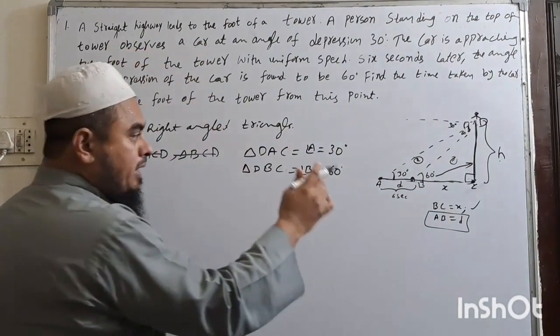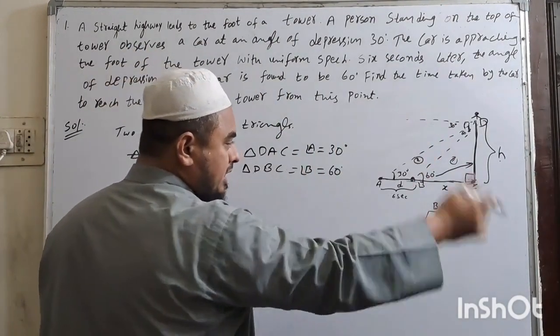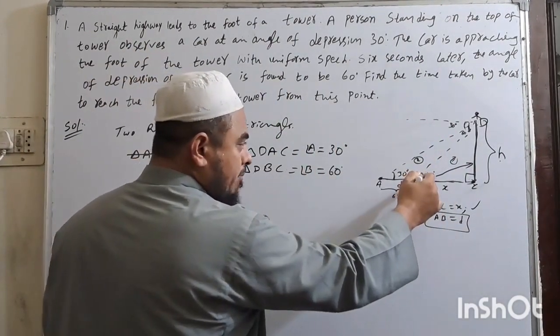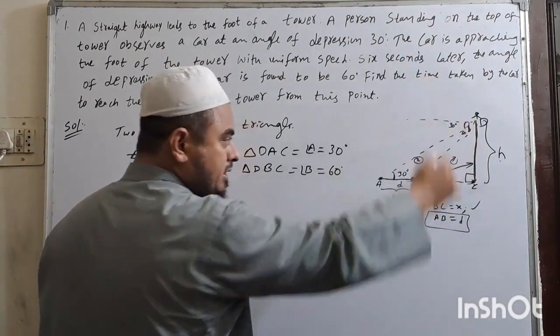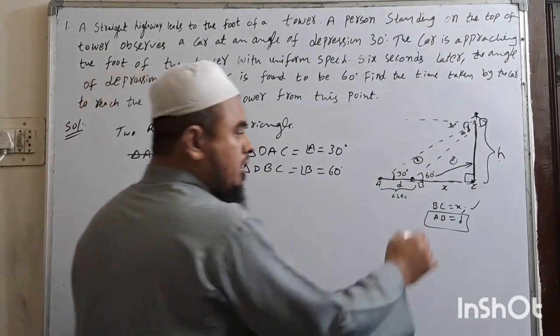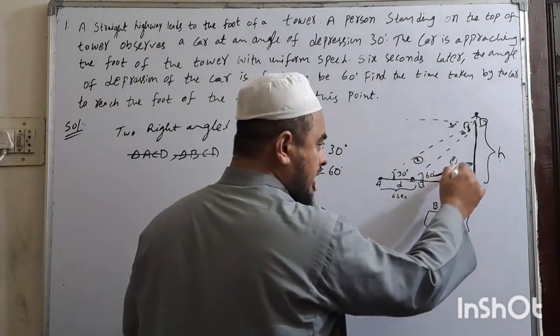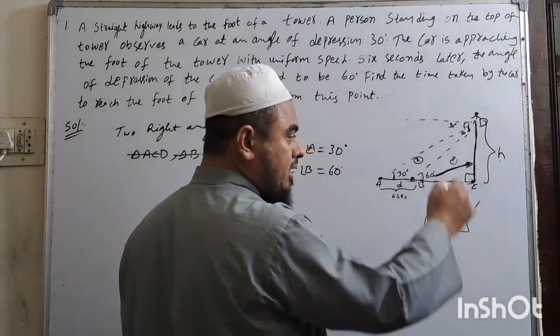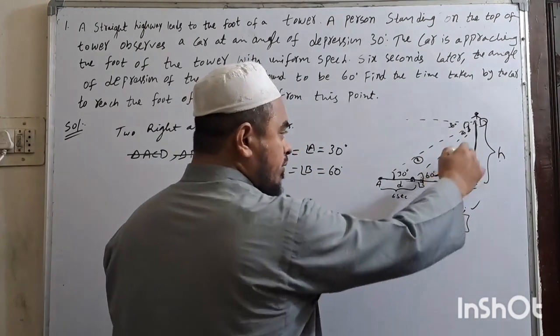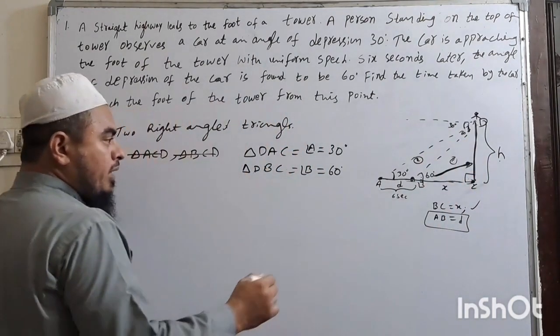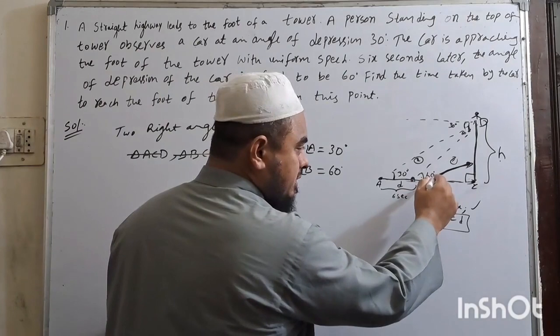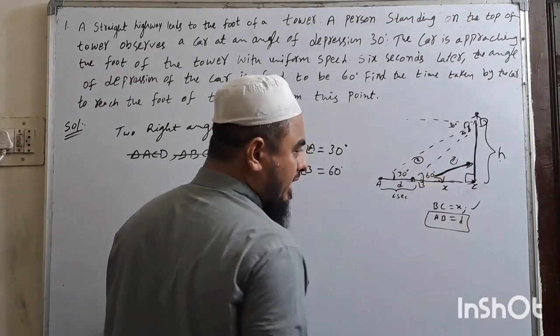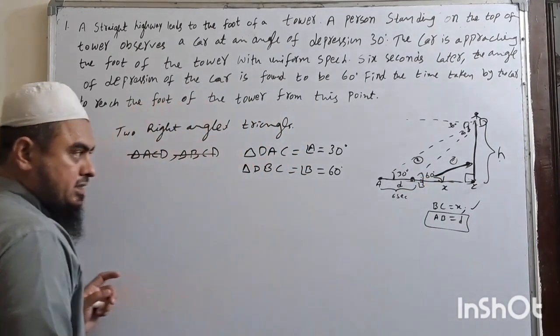So in the DBC triangle, to angle B the opposite side is nothing but the tower. For this angle of 60 degrees, the opposite side, that is h, the height, is opposite to the 60 degrees, and the adjacent side to the 60 degrees, that is angle B, is nothing but x.